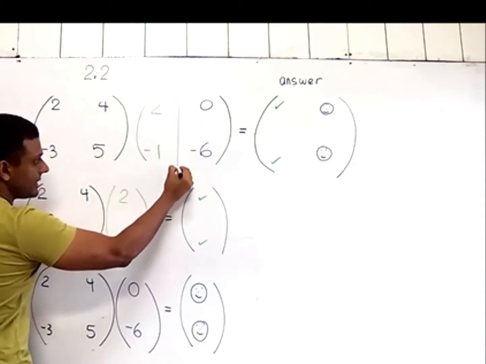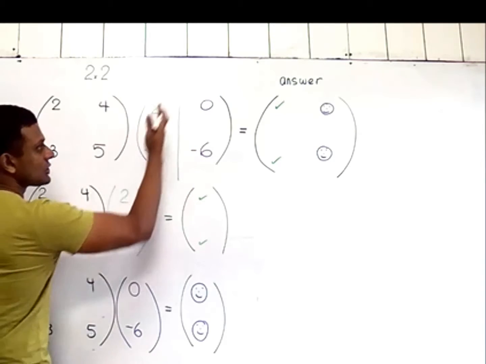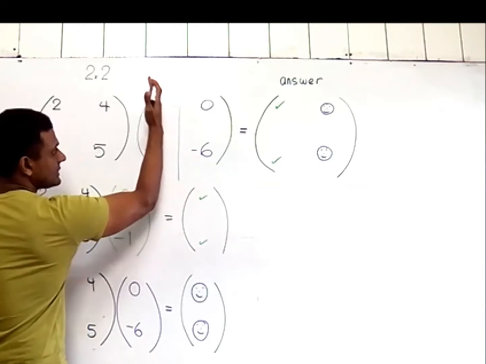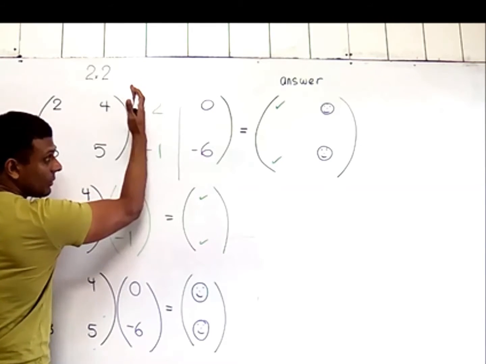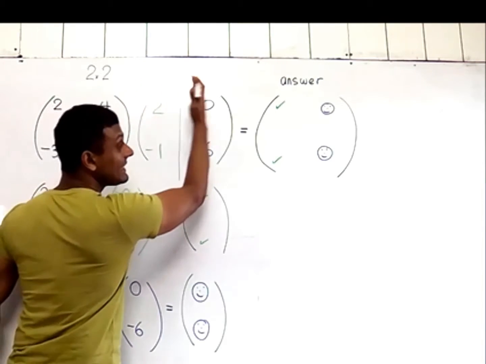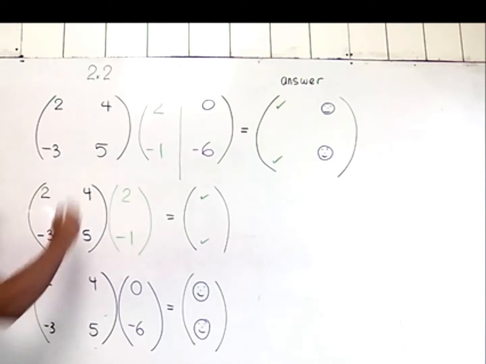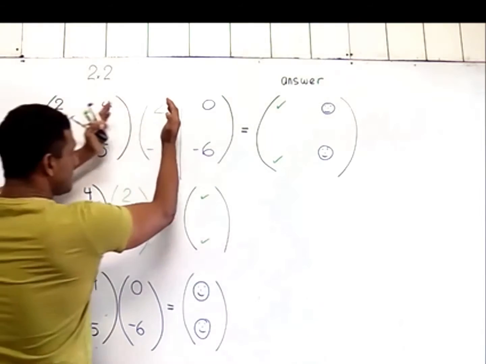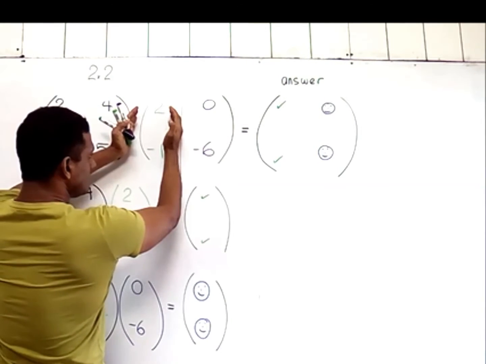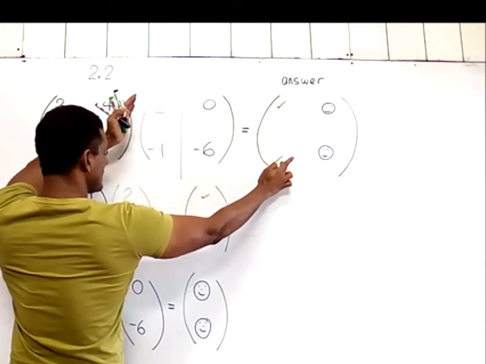Split the second matrix down the middle. So you pay attention to the 2 numbers here, and afterwards we're going to pay attention to the next 2 numbers. So what we're going to do is take this matrix and multiply it by the 2 and the minus 1, and that will give us the first 2 answers.